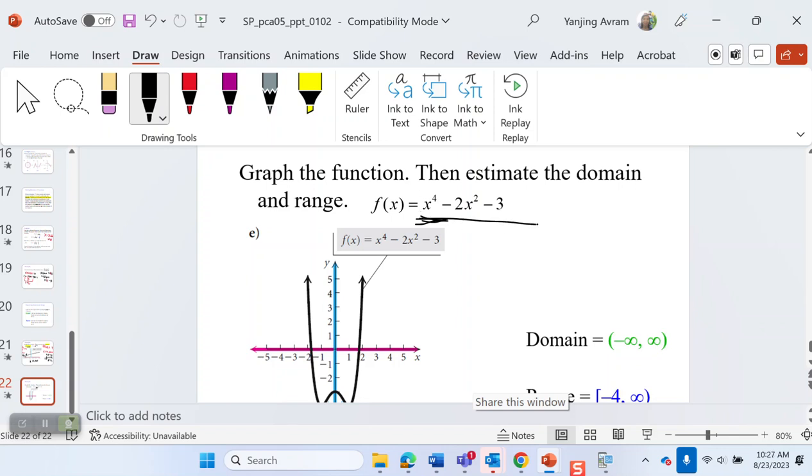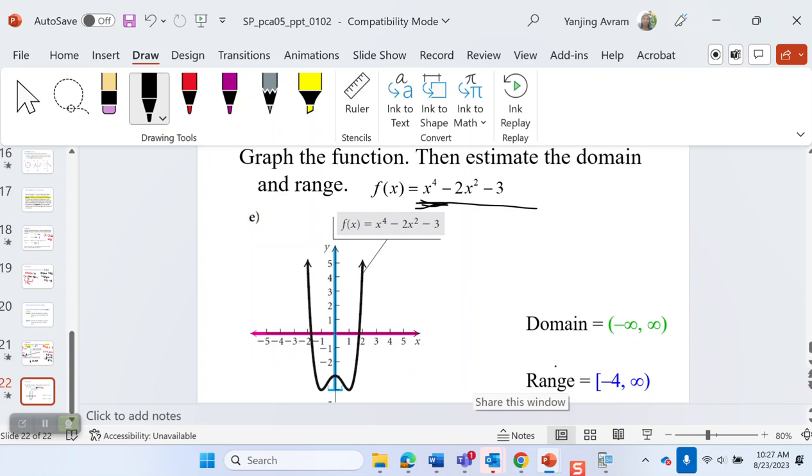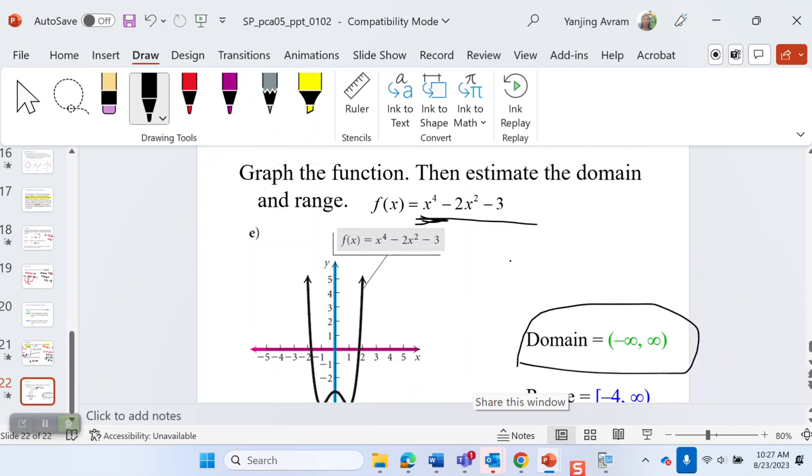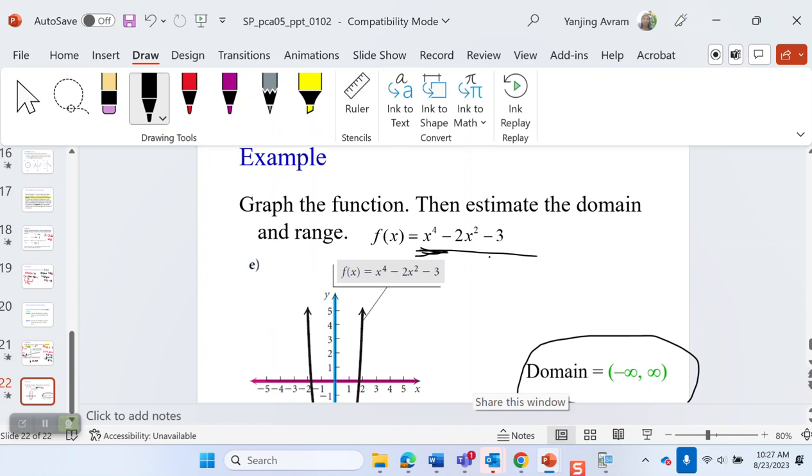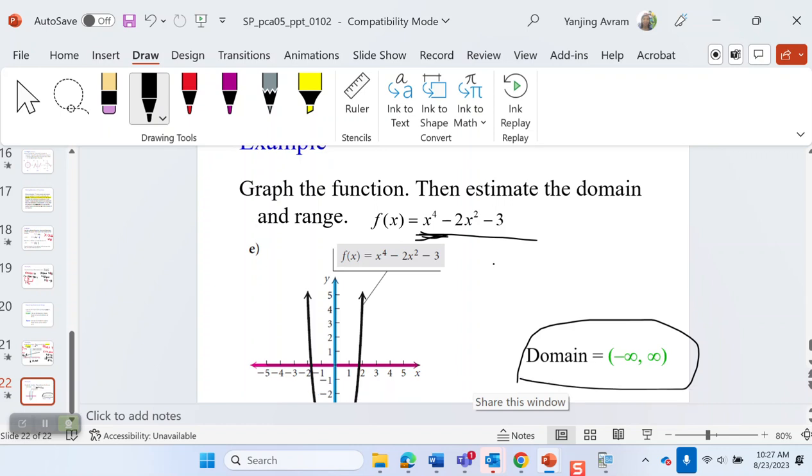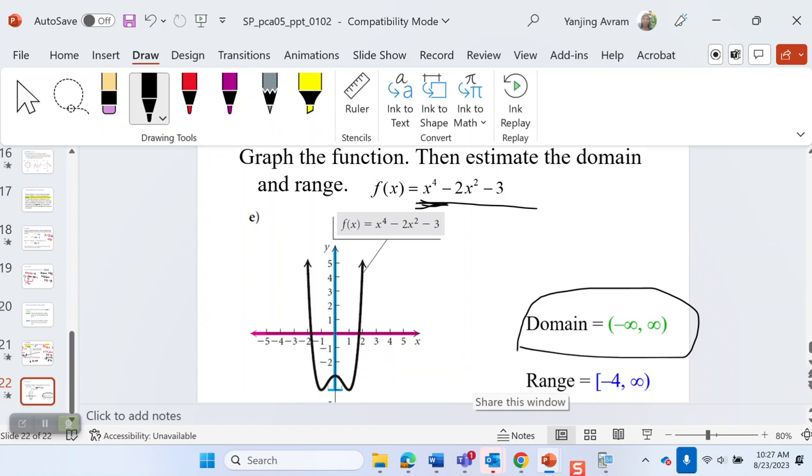We don't have an x in the denominator. So that means domain x can be anything, all real numbers. The only time x has a limitation is when you see x in a square root, or even root, or when you have x in a denominator. Other than that, x can be anything.